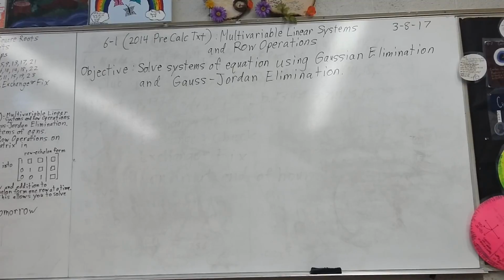Gaussian named after Gauss, a pretty famous mathematician, and Gauss-Jordan named after both Gauss and Jordan, who built on the Gaussian elimination method, and then honored Gauss by continuing the name, or somebody else did, I'm not really sure.